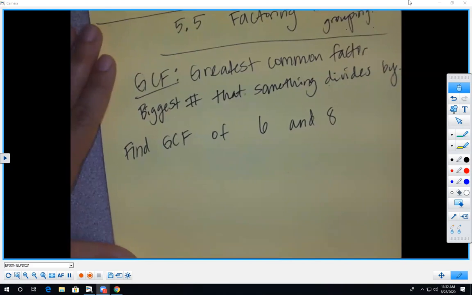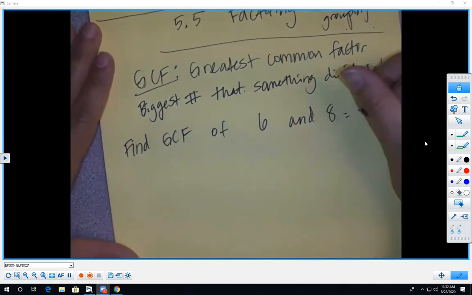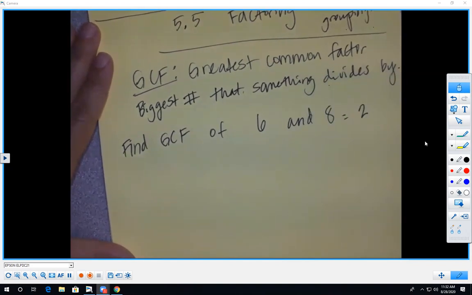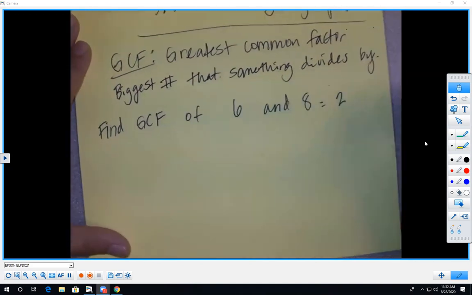What's the greatest common factor of 6 and 8? So that's what's the biggest number that divides into 6 and divides into 8? Would be 2. The other one's the least common multiple, and that one's for something different. Okay, let's do another one.